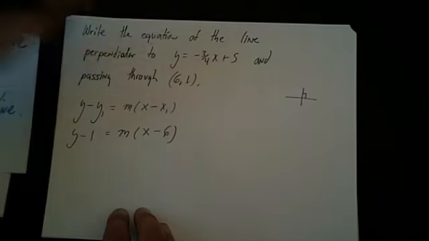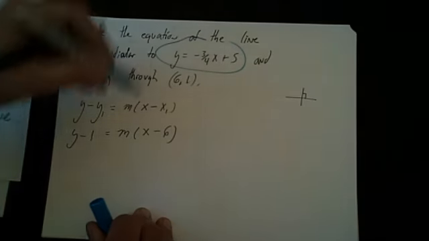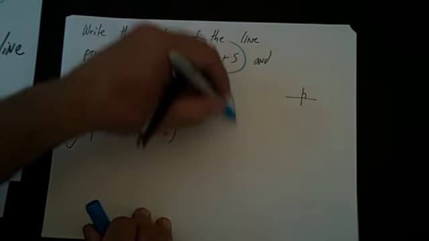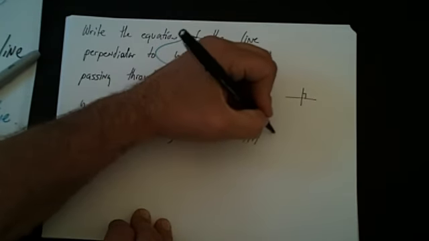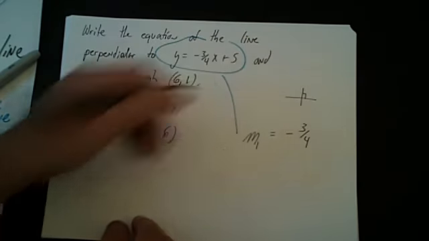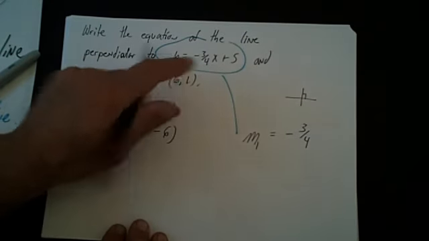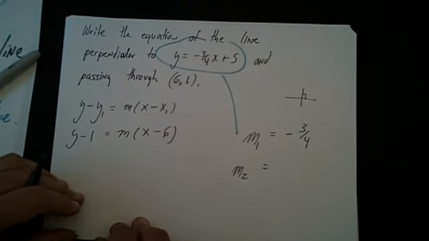Now let's find the slope. That's all we lack, is the slope. So the slope of this line will be minus 3/4. If you want to think about it, there's two different slopes. There's the first slope, which is the slope of the line that you're given. And then there's the second slope, the slope of the line that you're trying to find.